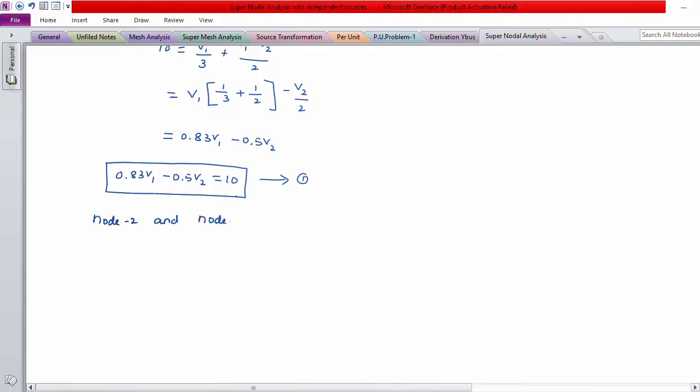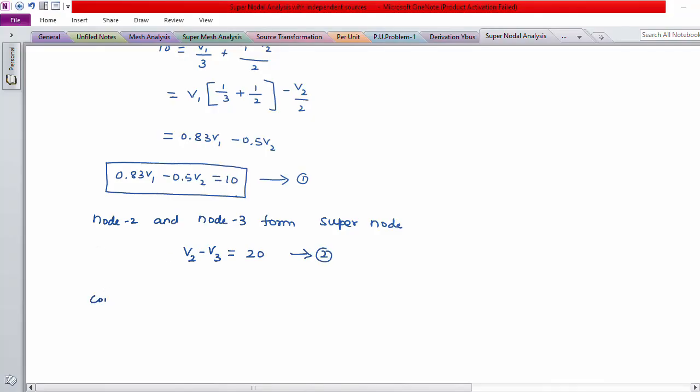Now the positive terminal is connected at node 2, so we can write V2 minus V3 equal to 20. Take this as equation number 2.